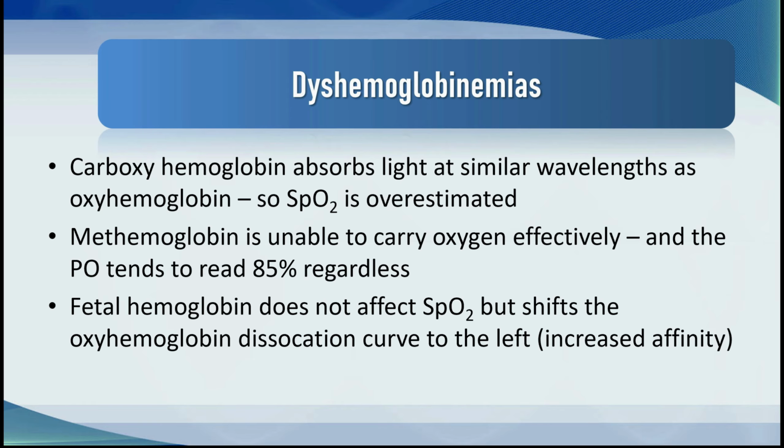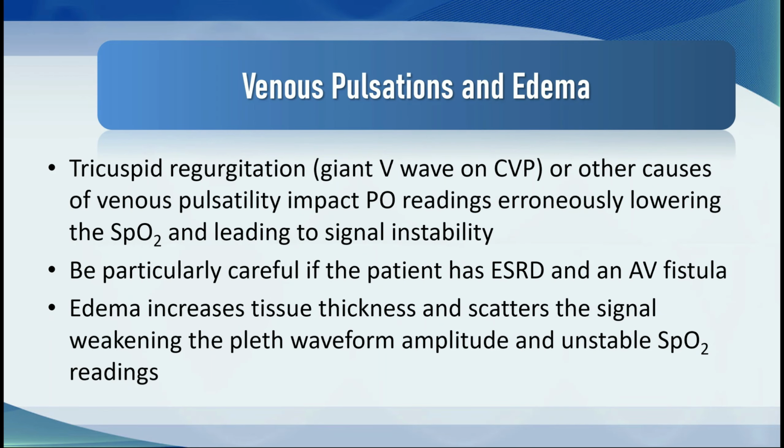There are situations where the waveform may be problematic. Tricuspid regurgitation, where there are giant V waves on the CVP, or other causes of venous pulsatility impact pulse oximetry readings by erroneously lowering the SpO2, leading to signal instability.